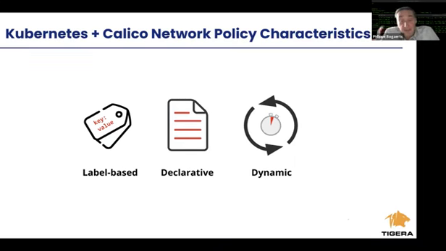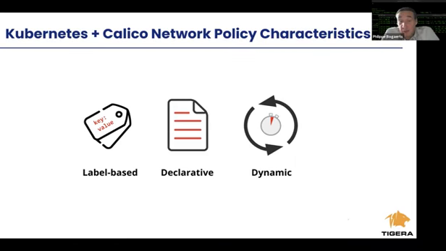It's declarative, which means that you can describe inside of a YAML file what the state of your security needs to be. So you can say these pods are allowed to connect to the internet.